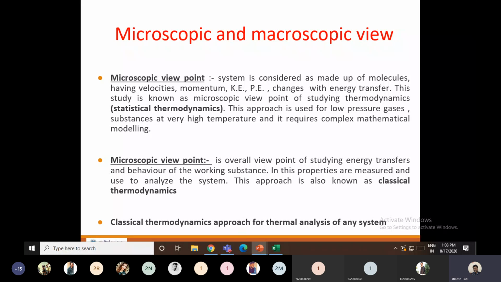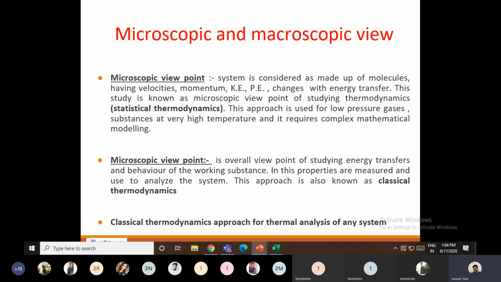That's why this microscopic viewpoint or statistical thermodynamics has a limited application, and is used for very few applications. For example, if you want to analyze low pressure gases, then this approach is okay, or for substances which are at very high temperature, we can analyze such applications by using statistical thermodynamics or the microscopic viewpoint.